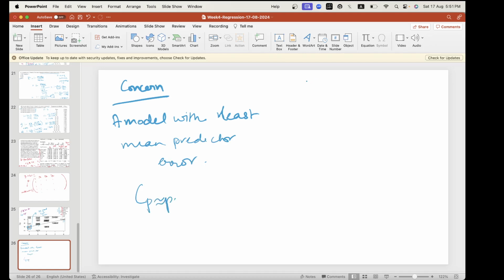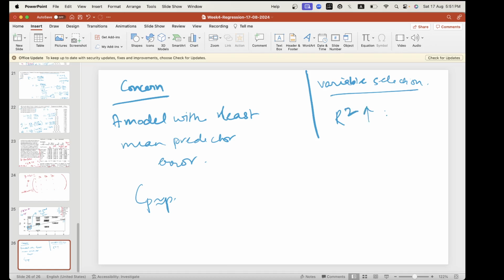Okay, if you want to do variable selection, let's say you select one base model using Cp, and then you want to keep on adding a few more relevant variables.